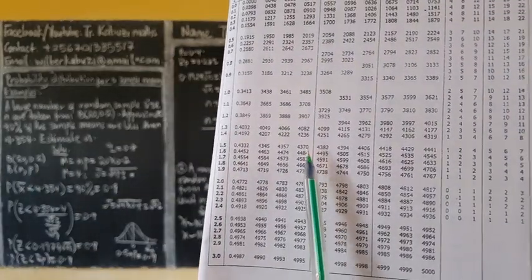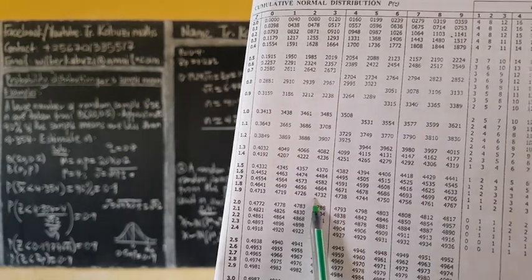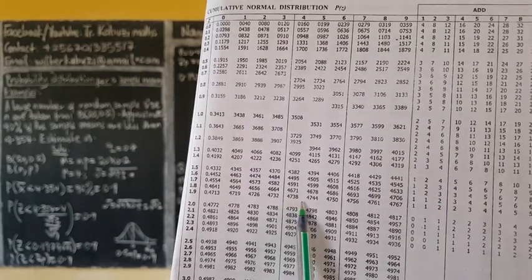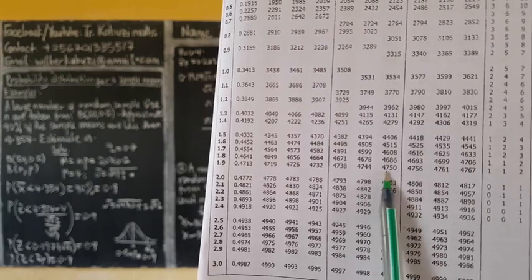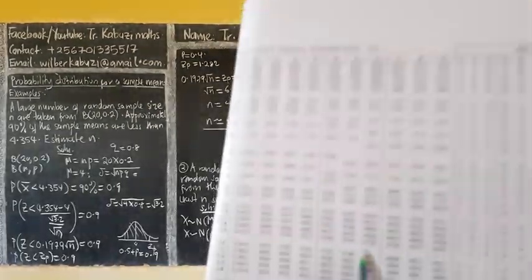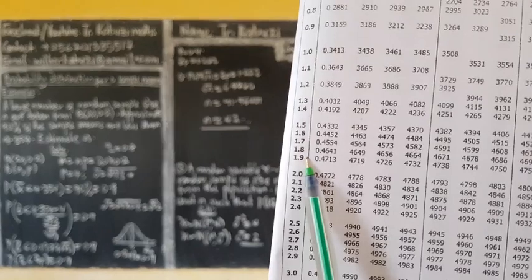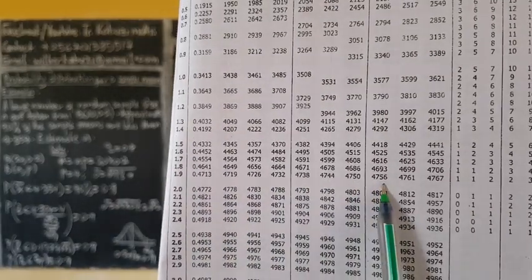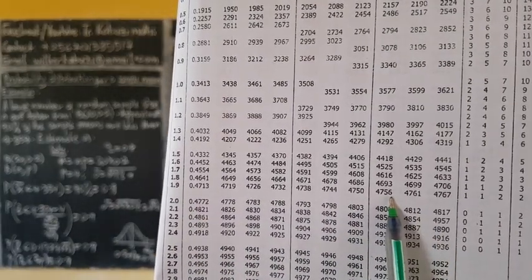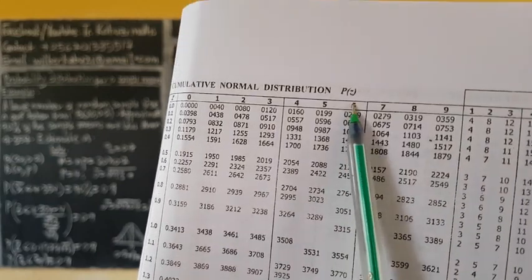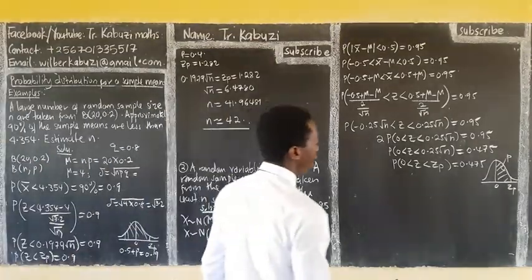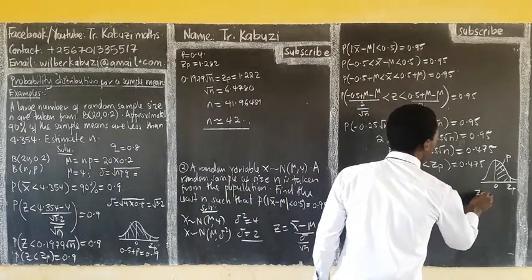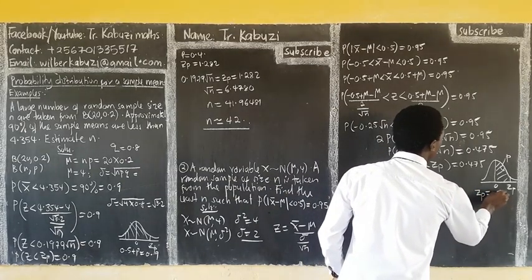You look for 0.475 in the table, and you see it's here, 0.475, so it's 1.9 and 6. So our zb is going to be 1.96.